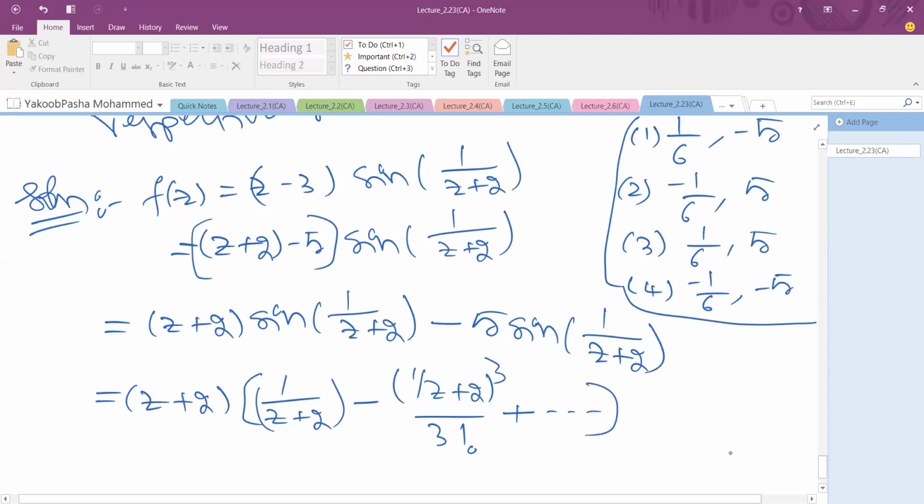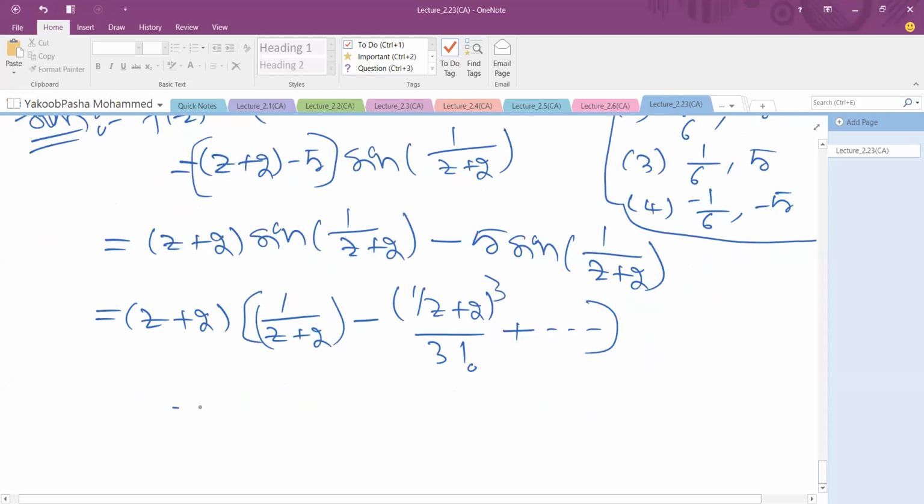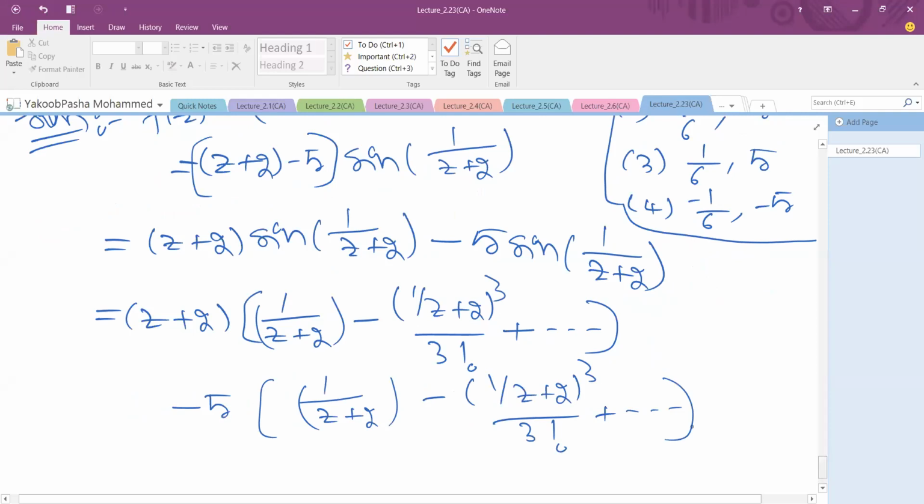Okay, next term minus 5 into the same 1 by z plus 2, second term minus 1 by z plus 2 whole cube by 3 factorial plus and so on.